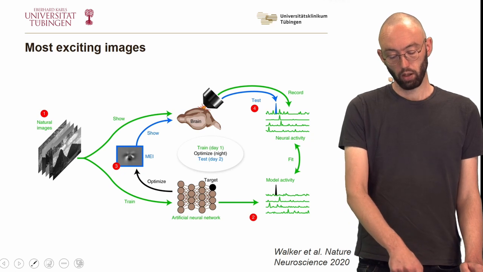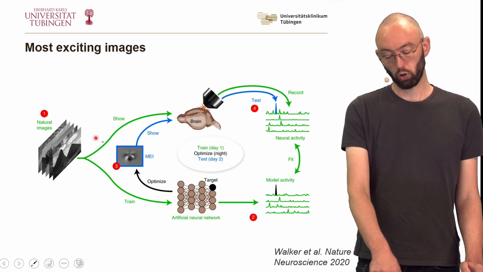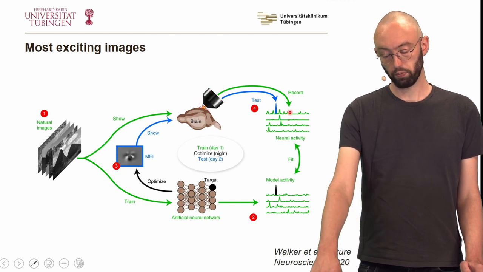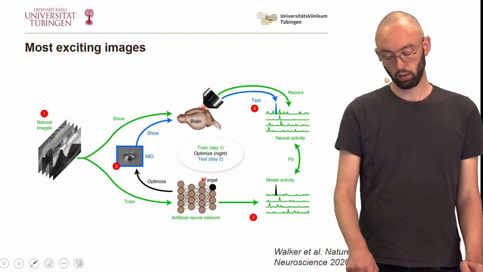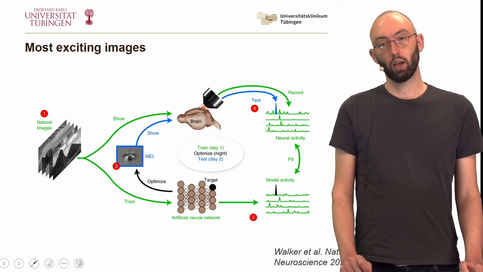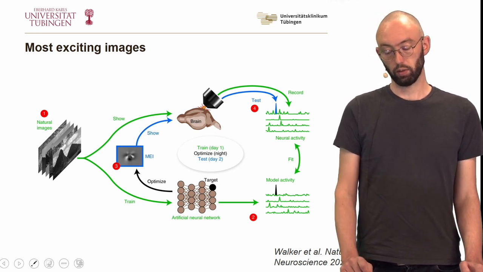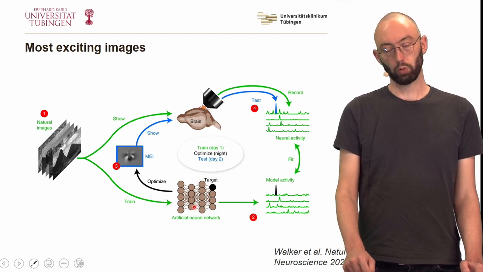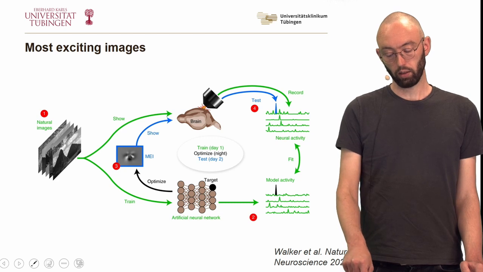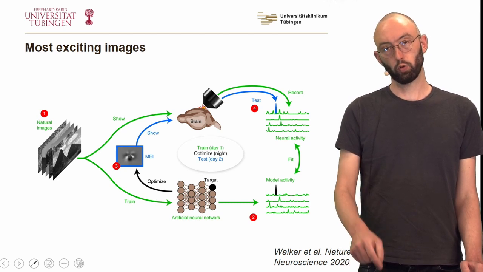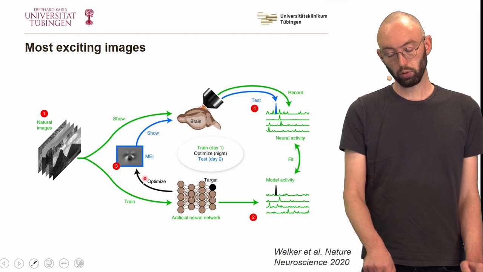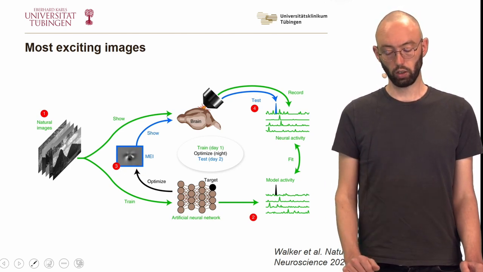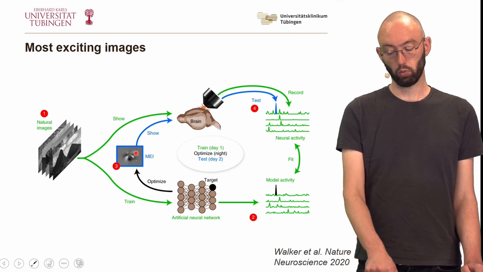Here, a set of natural images is shown to an animal, where a lot of responses are recorded. And then an artificial neural network is trained to model these responses. It can predict the responses really well. And so one can use the model to find the most exciting image, the image that should most strongly excite a certain model neuron.